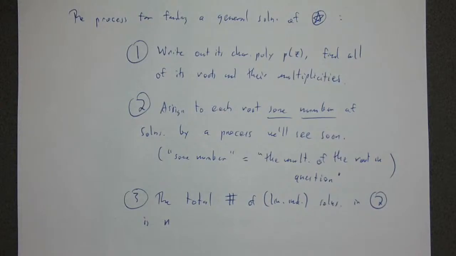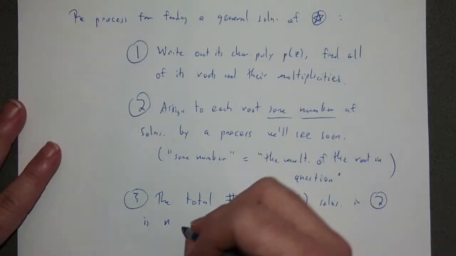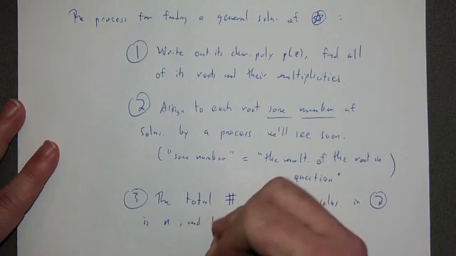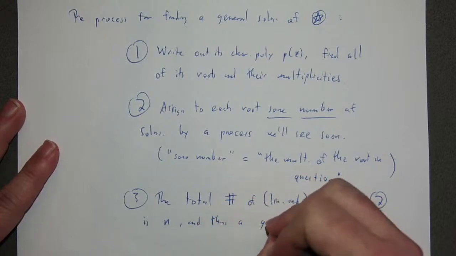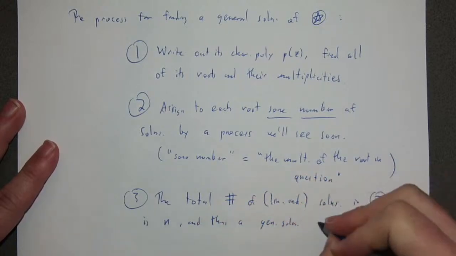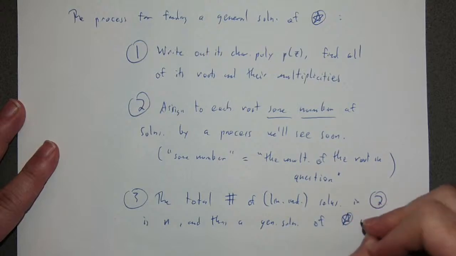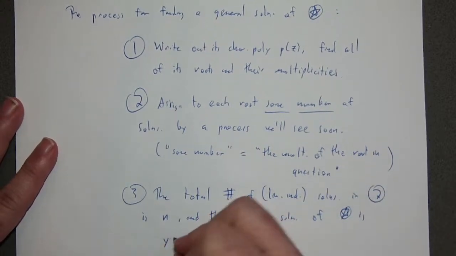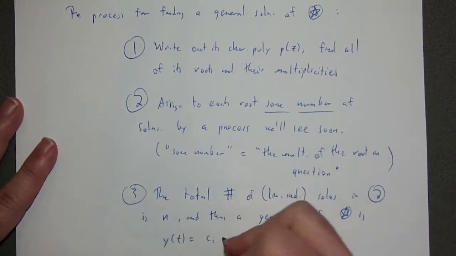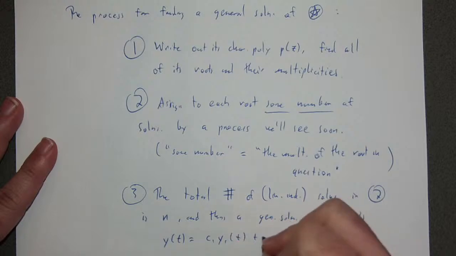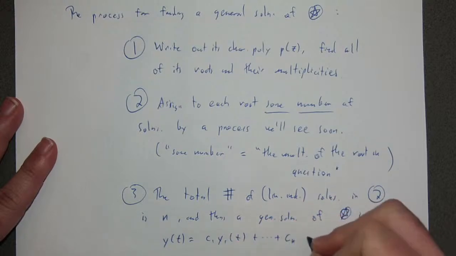So the sum of all the multiplicities is n. So the total number of linearly independent solutions in part 2 is n, and thus a general solution of star is the thing I wrote at the bottom of the last page. So y of t is c1 y1 of t, and so on all the way out to cn yn of t.